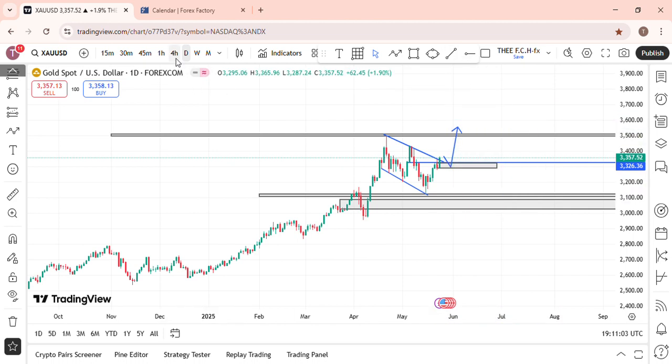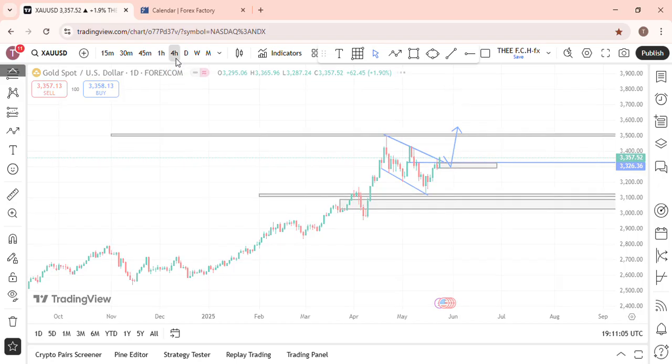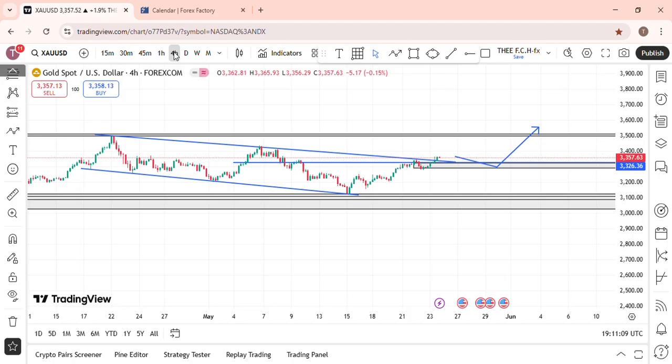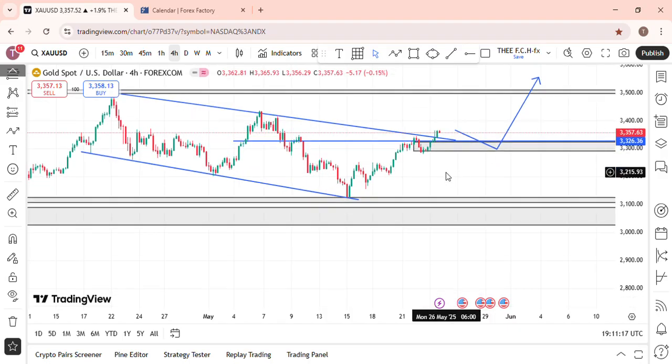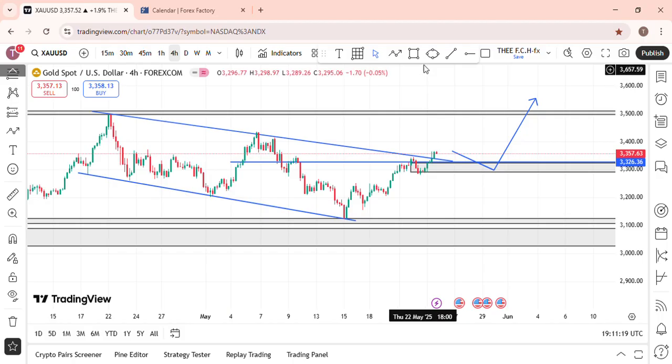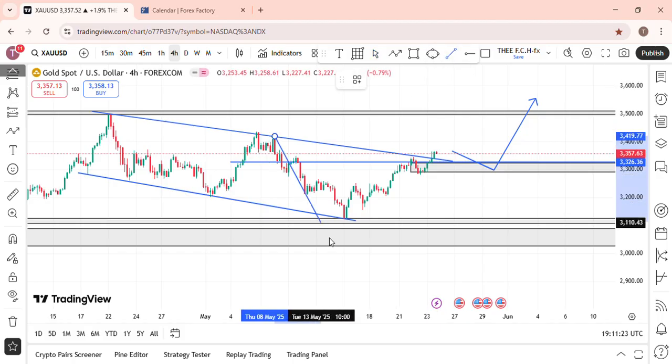So let's check on the 4-hour time frame and see what the charts got for us. Initially we had this downtrend, which I had shown you in the previous week, which the market broke and then retested.